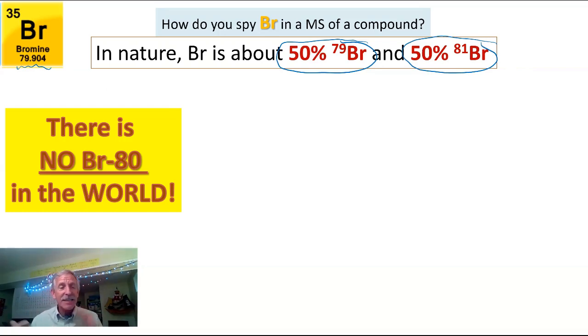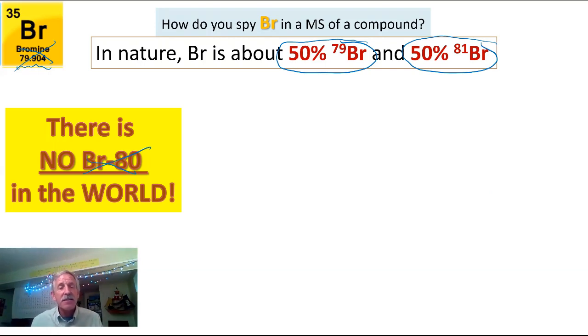So really, when you get to mass spec, you will never see Br80 on any of your molecules and should never use Br80 to do any of the math for figuring out your molecular weights, and should never use the atomic mass given on the periodic table, which is an average of these two major isotopes in nature.